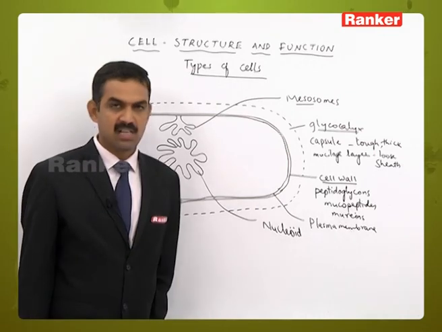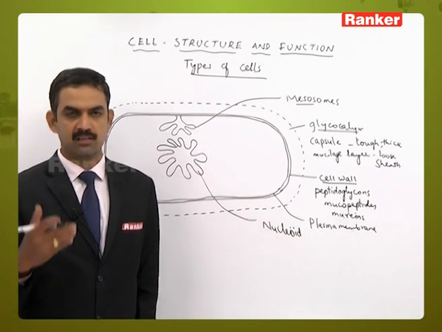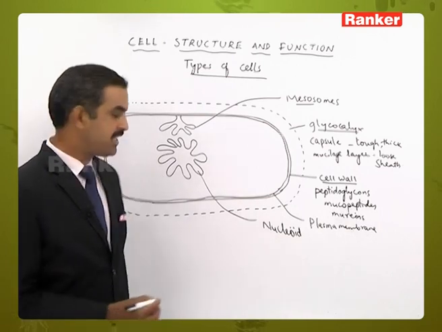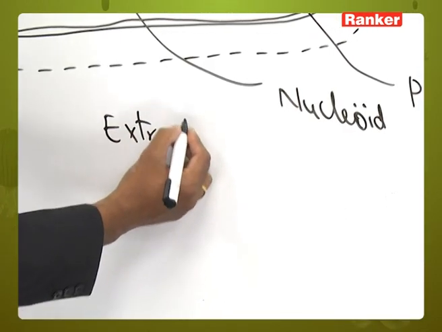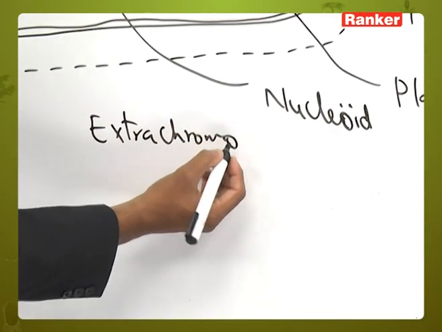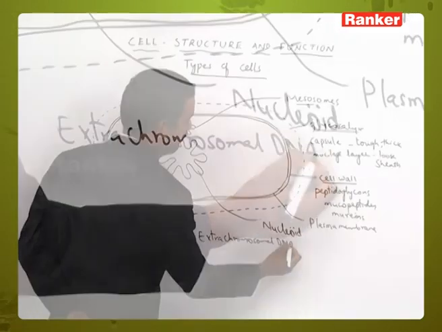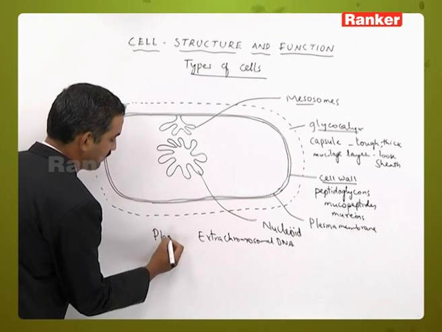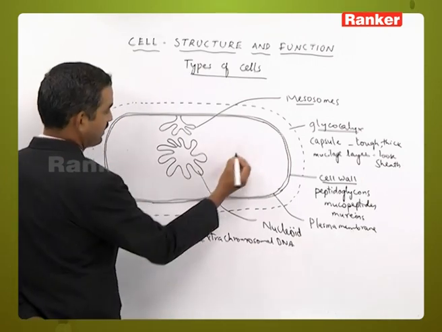Sometimes in some bacteria, apart from the nucleoid, the chromosomal DNA part, some additional DNA is present. This extra-chromosomal DNA is called a plasmid. It is also present in the cytoplasm on one side.